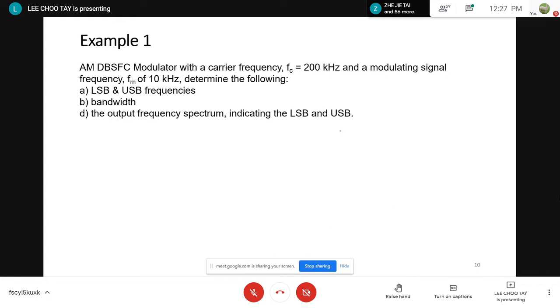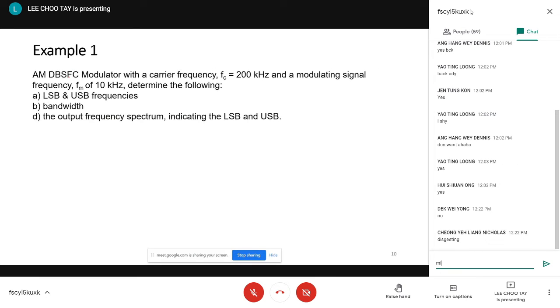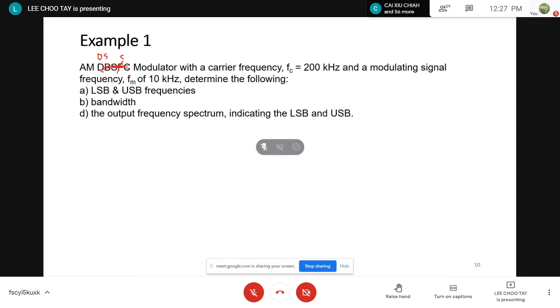Now, let's go through an example. We have an AM, wait, double sideband. Oh no, let me make a correction here. Typing error. Double sideband suppressed carrier.